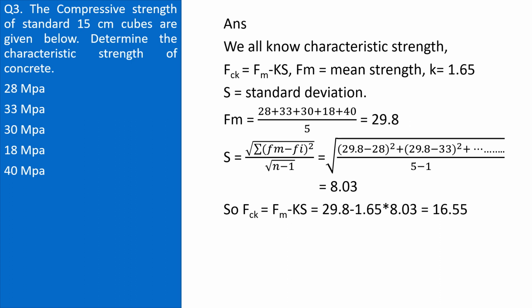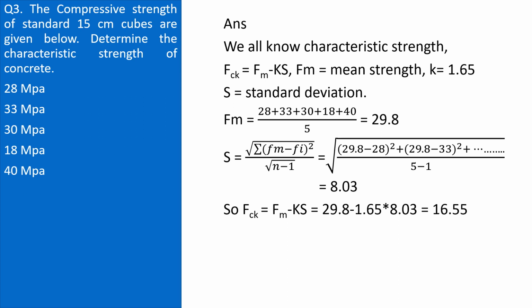So we all know characteristic strength FCK is equal to Fm minus Ks, where Fm is the mean strength, K is a constant, which is 1.65, and S is the standard deviation. So we have to find out the mean strength first, the sum of the given strengths divided by the number. It is 29.8.